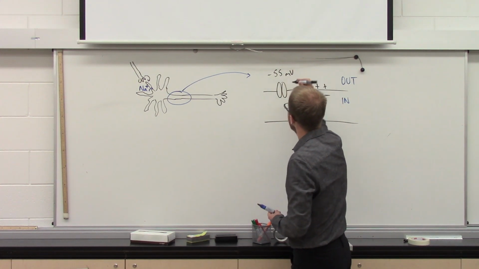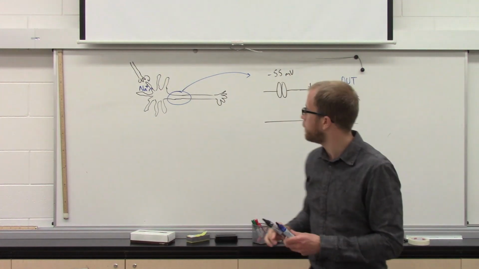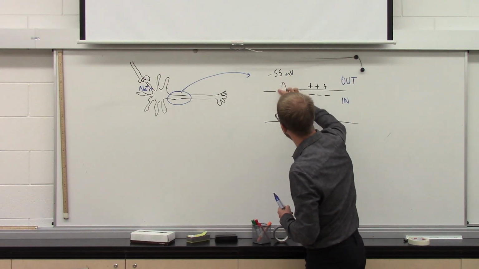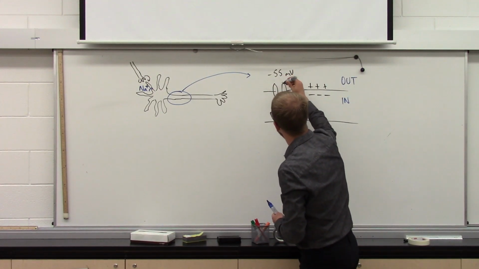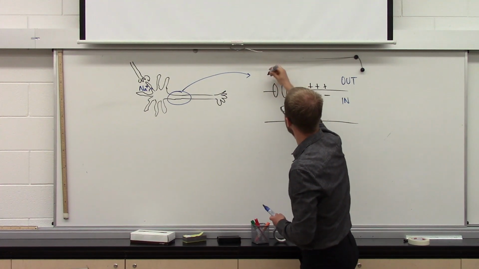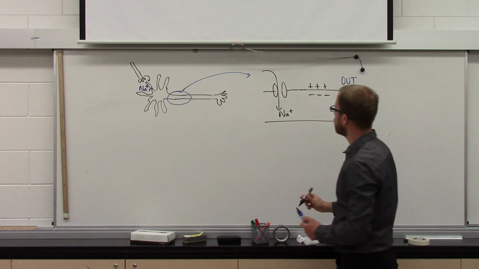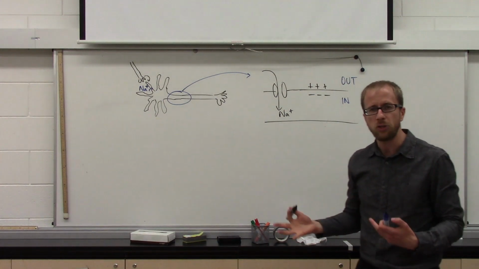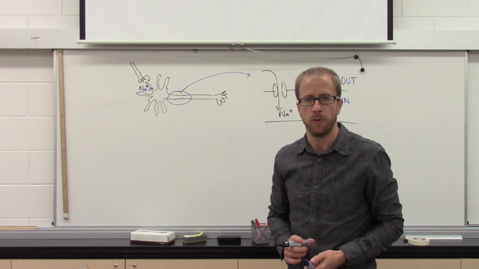Due to that sodium rushing in, we reach that threshold value. What's going to happen is this channel here is going to open up, and this is going to allow tons of sodium to rush into our membrane. This is going to raise the membrane potential.